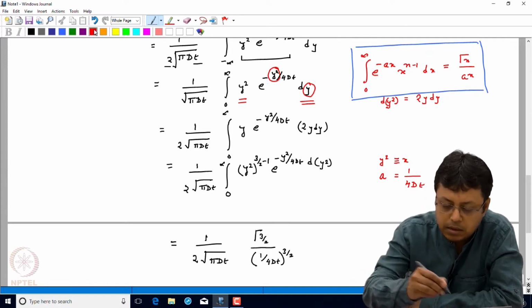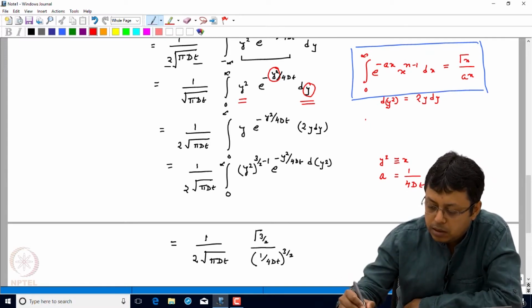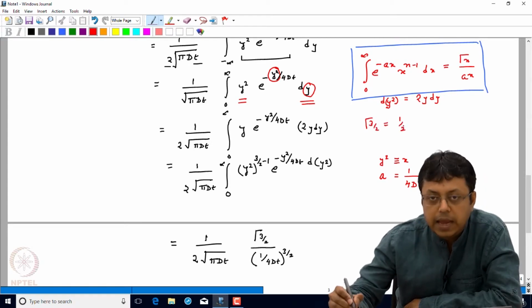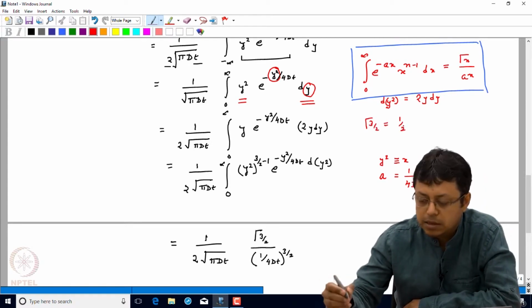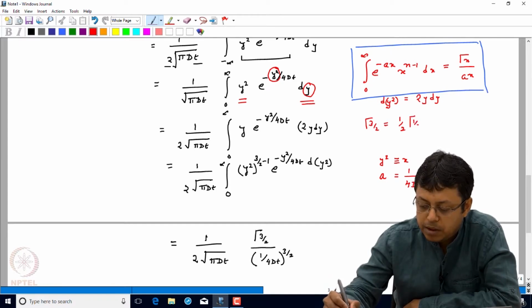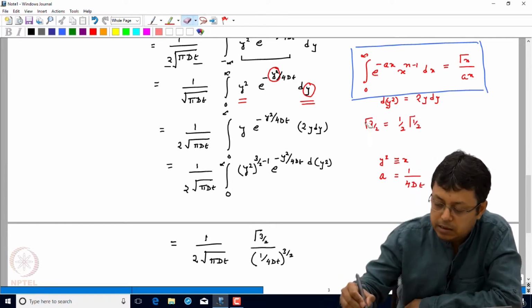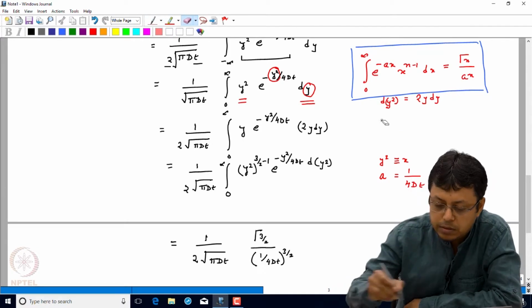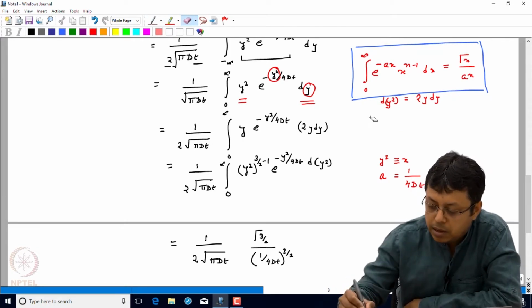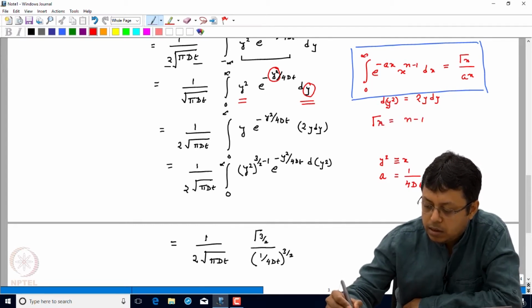Now what is gamma 3 by 2? So gamma 3 by 2 will be basically, gamma n is n minus 1 into gamma n minus 1, so it will be half gamma half. Let me actually write the value of the gamma function here. So gamma n is basically n minus 1 into gamma n minus 1.